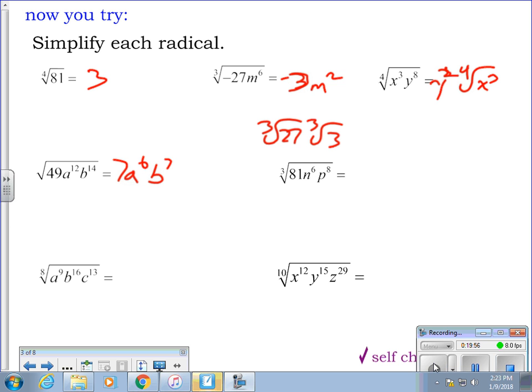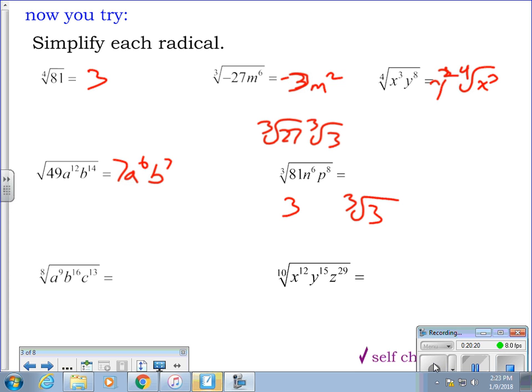27 times 3 is 81. What's the cube root of 27? 3. That means I have a 3 and a cube root of 3. That's what the cube root of 81 is. It simplifies out as a radical, just like square roots, only instead of looking for perfect squares, I'm looking for perfect cubes.